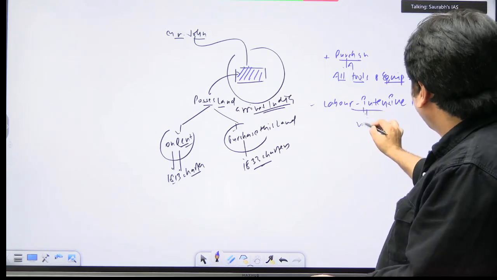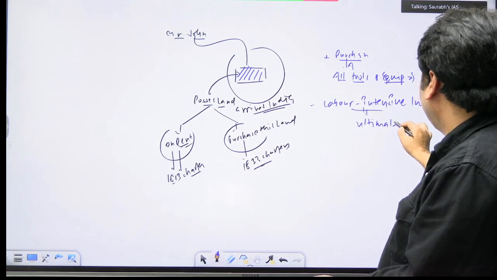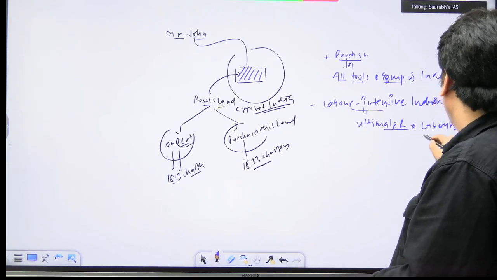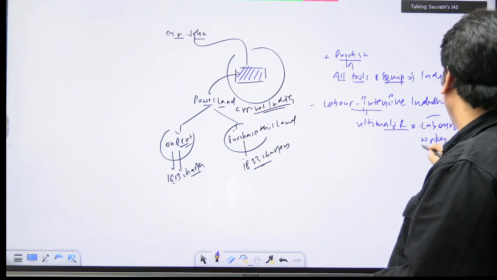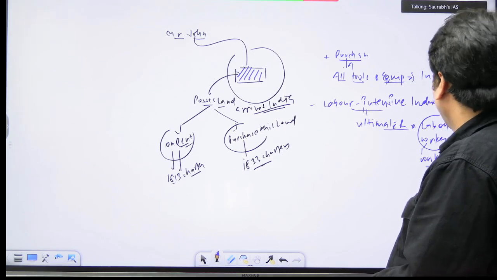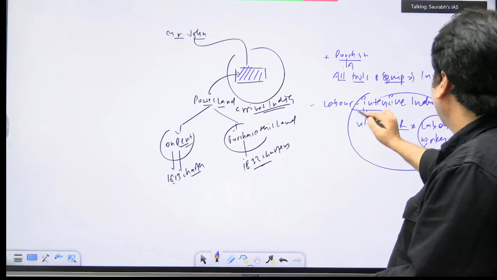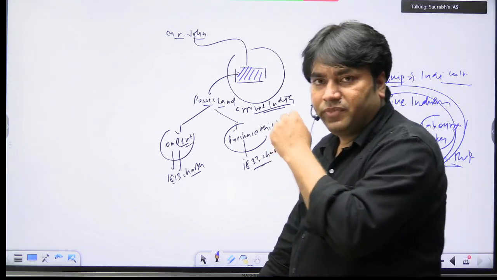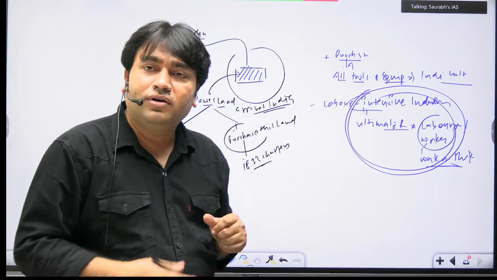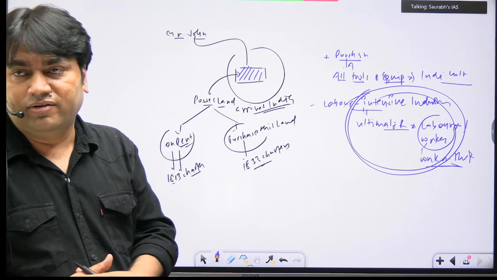So what was the ultimate requirement? The ultimate requirement was the laborers or workers who will work on this farm. ये तो आपको चाहिए ही. बिना लेबर और वर्कर्स के आप काम नहीं कर सकते. This is your ultimate requirement.